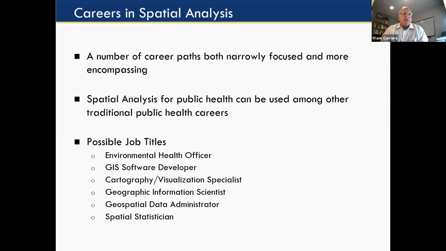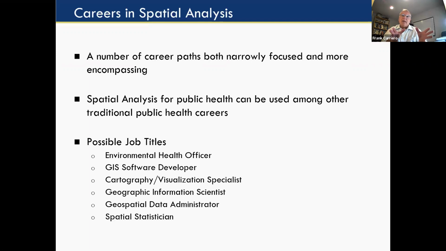Possible job titles include environmental health officer, GIS software developer, or cartographer / visualization specialist. So this is making maps look the way they should look. GIS scientist or geographic information scientist, a geospatial data administrator, spatial statistician if you want to focus on the quantitative methods. And we touch on all these in our program.